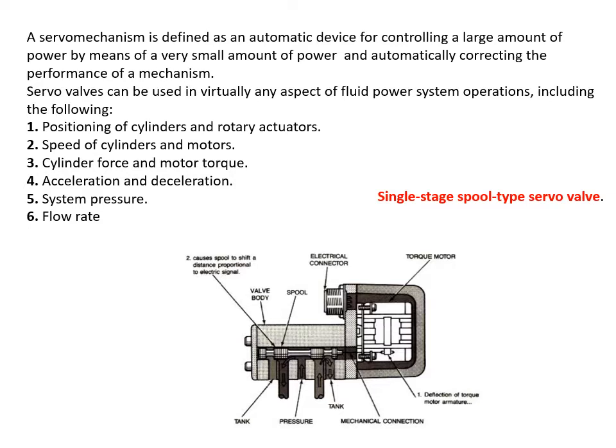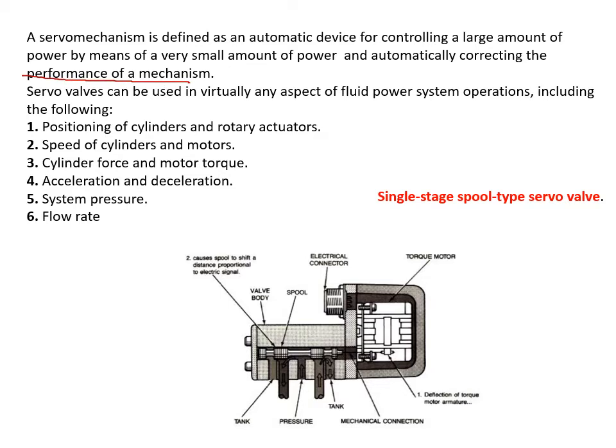A servo mechanism is defined as an automatic device for controlling a large amount of power by means of a very small amount of power, and automatically correcting the performance of a mechanism. So this is something which is important: auto correction is there.